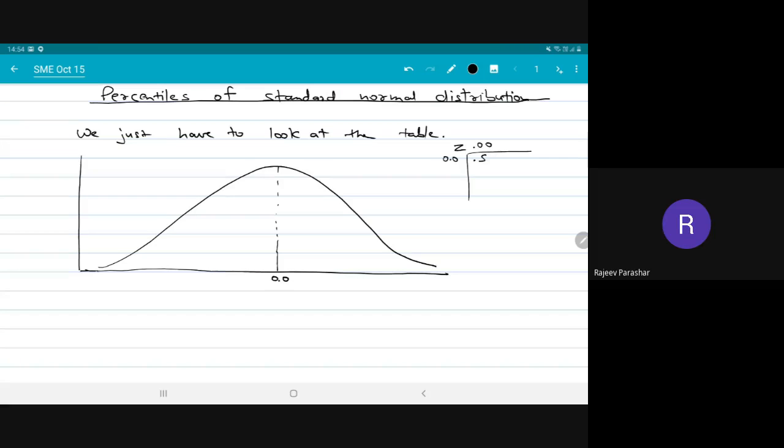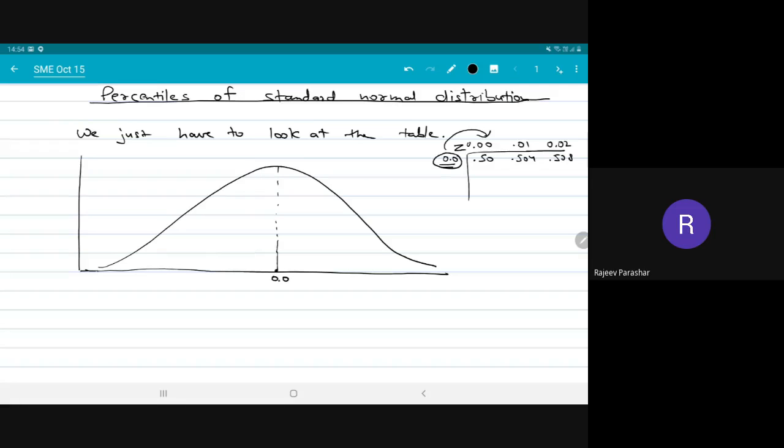This is 0.50, that means to the left of 0.0 plus 0.0. Then 0.504, 0.508 is how it is read: this value plus this value, which we locate on the horizontal axis. 0.0 plus 0.0 is 0.0. To the left of this, the area is 0.5.